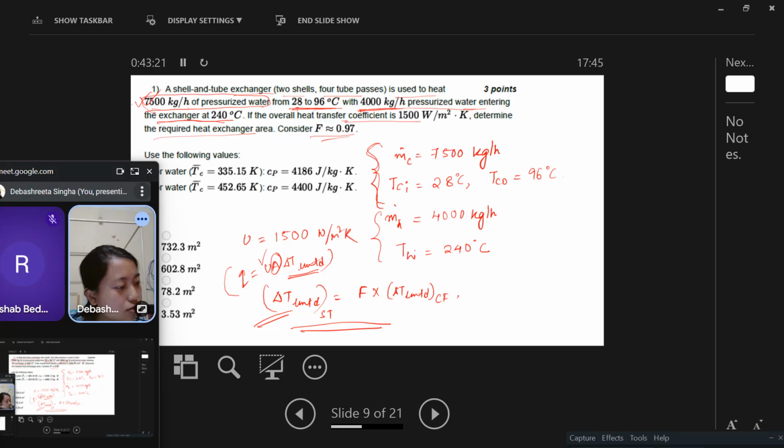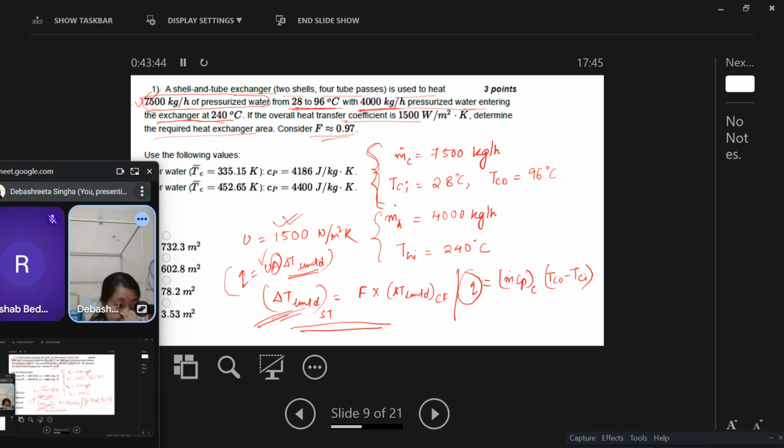So this is for LMTD, and for calculating Q, it will be mCp for cold fluid into delta T. Delta T is Tc out minus Tc in. So just calculate this Q and delta T. U is already given.